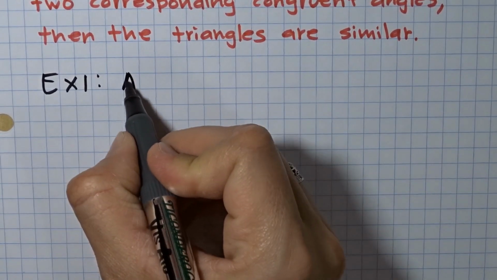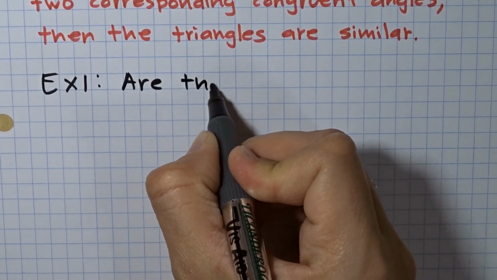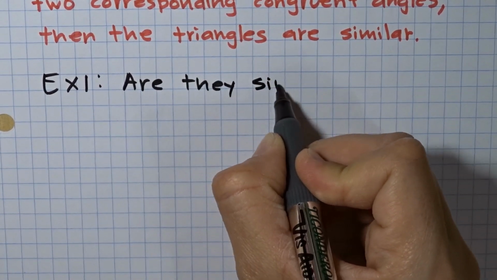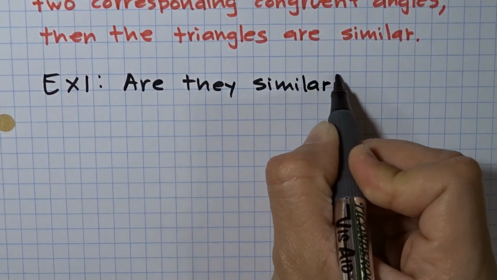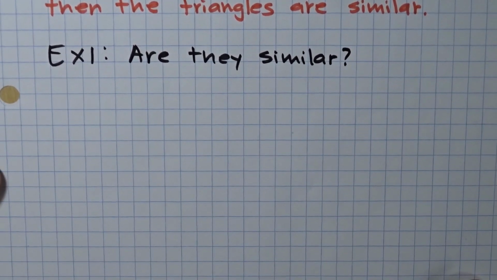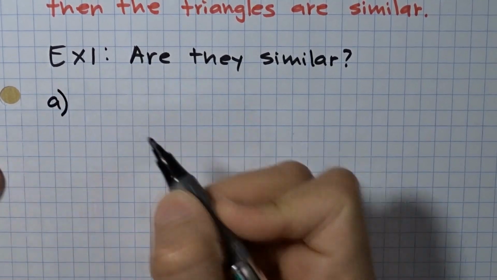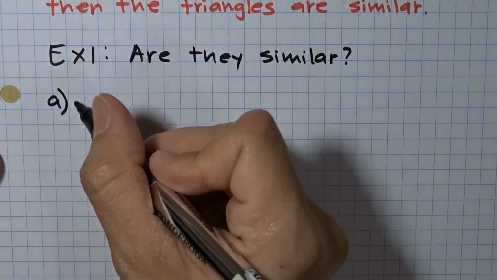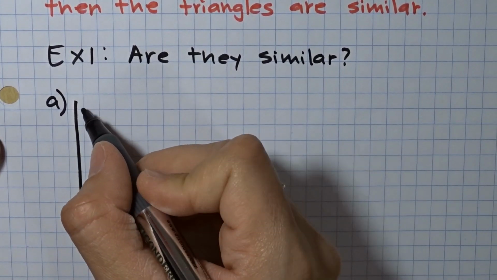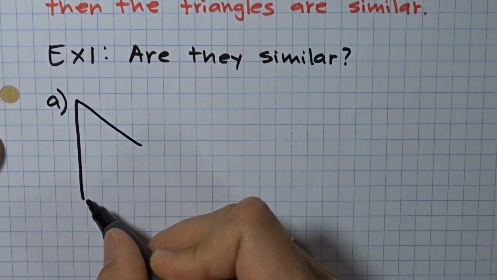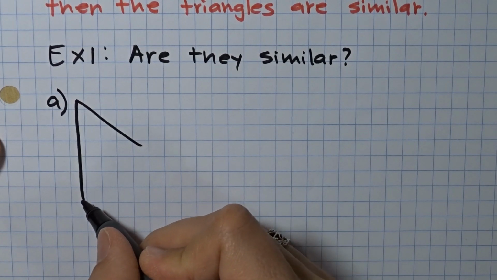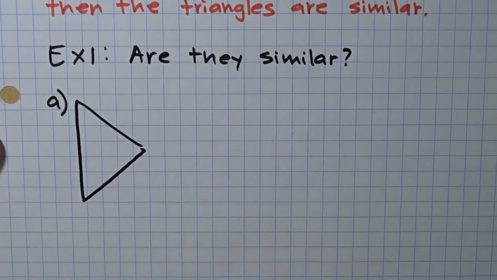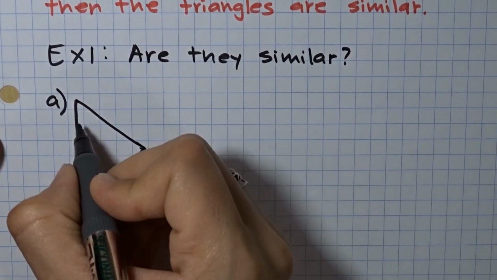Are they similar? And we're going to be talking about angles in A, then we'll have another one B and C. So let's look at this triangle. Let's say this one is 75 degrees.